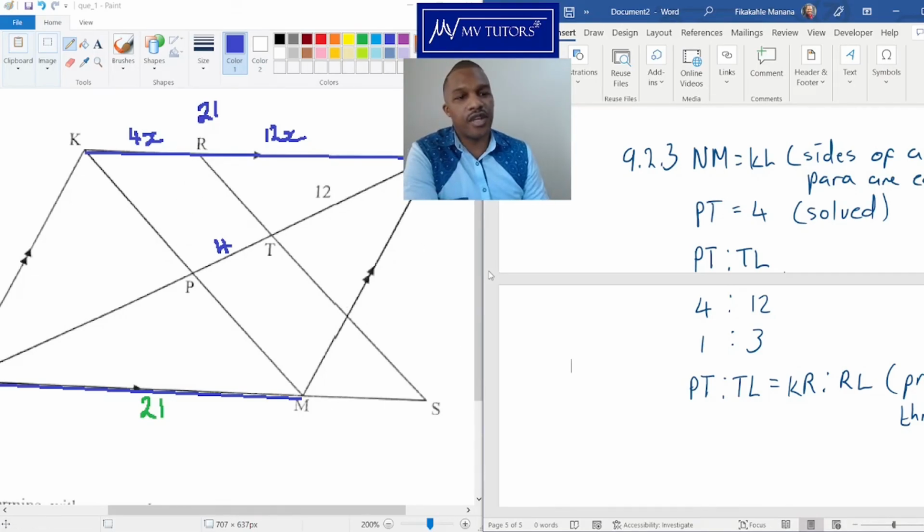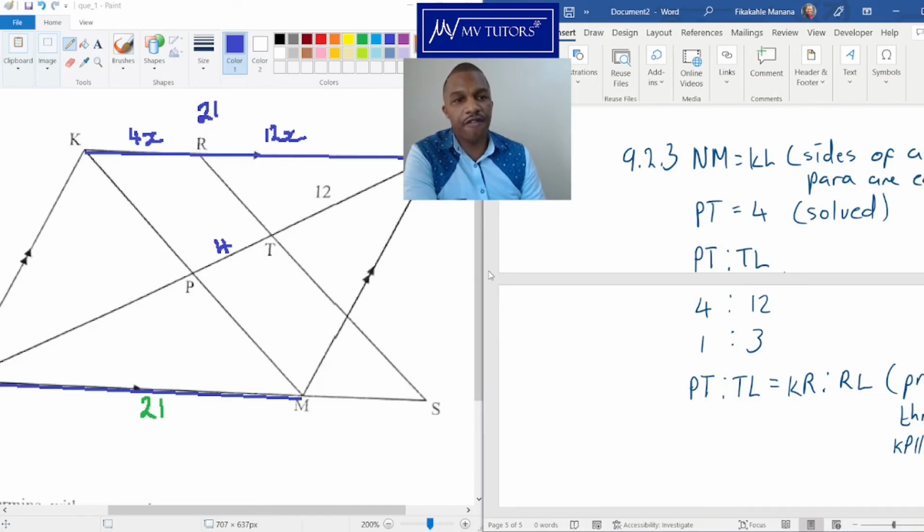Let me write the parallel lines. It's KP parallel to RT. Okay, that's my reasoning.